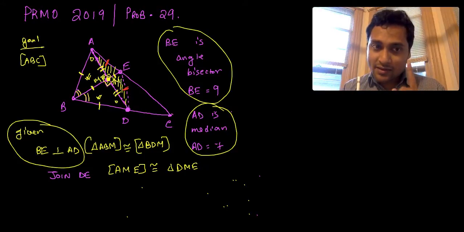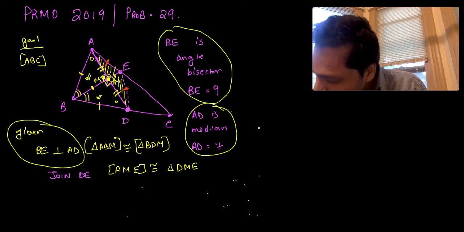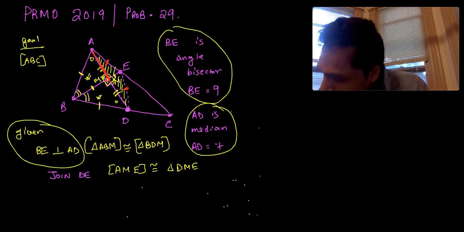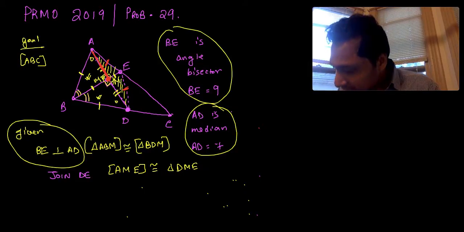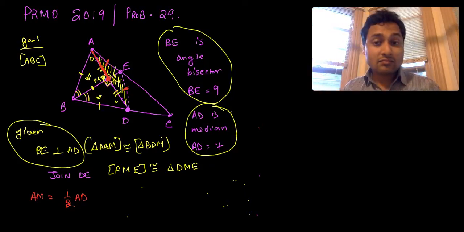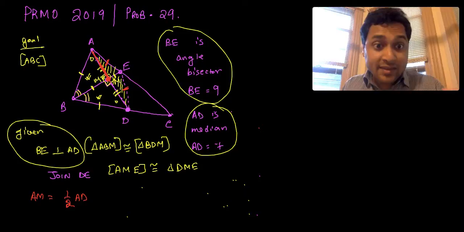Well, first, notice that we already know the length of AM. What is AM? AM is exactly half of AD, right? Because AM is equal to DM, so AM is half of AD.